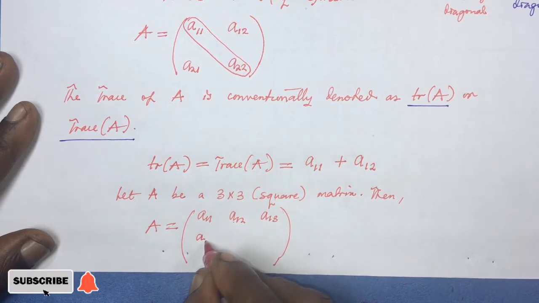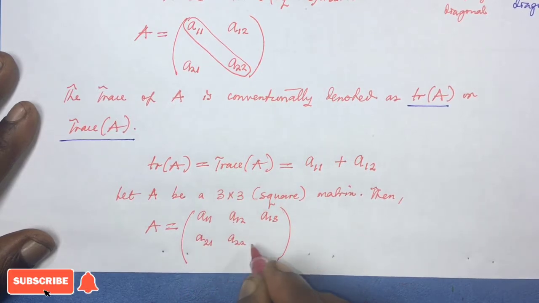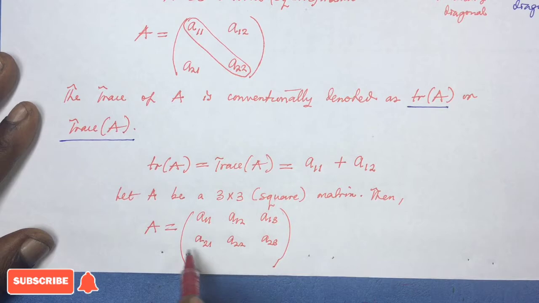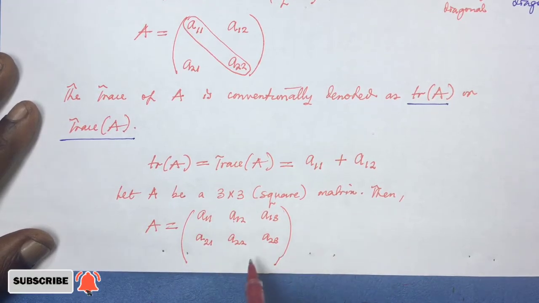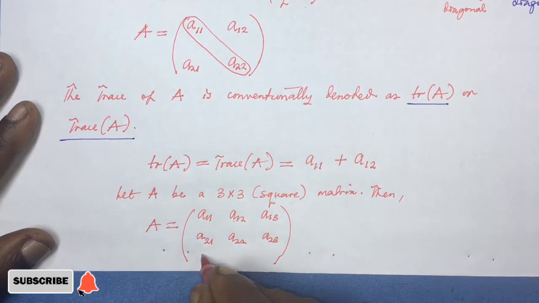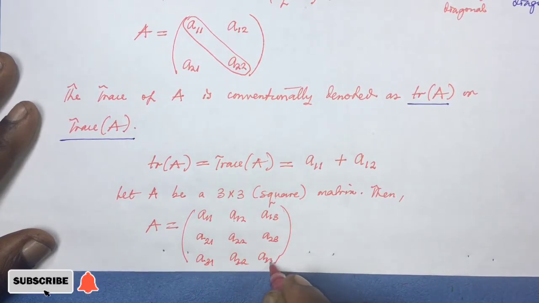Then we shall have A21, A22, A23, all elements occupying the second row, but first column, second column, and third column. Then we shall have A31, A32, and A33.